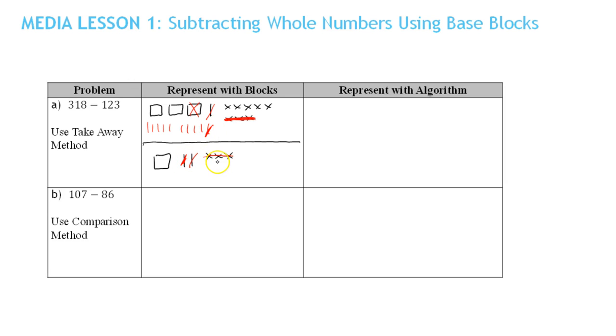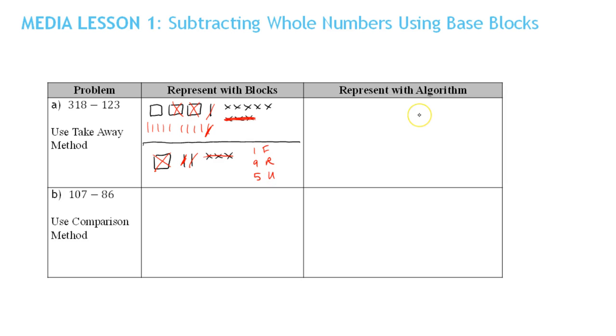So we've taken away 23, and now we'll take away 1 flat. Whatever is not canceled out here is our result, and we can see there's 1 flat, 9 rods, and 5 units.